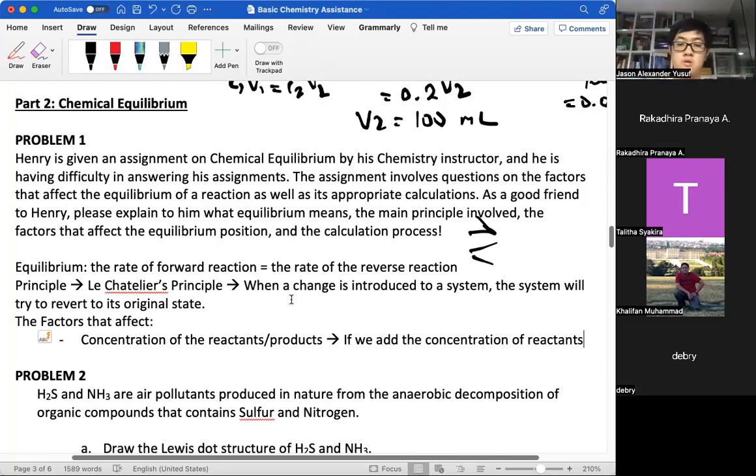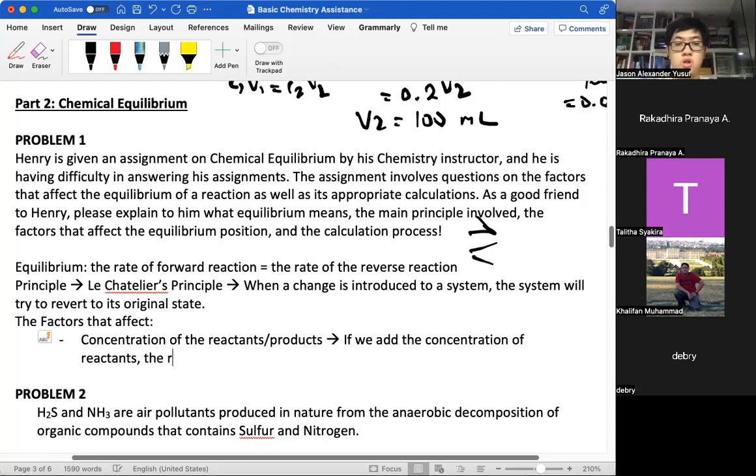So this reaction will shift to the product side. And vice versa occurs. Let's say if I take some of the reactants away, the product will dissociate to form the reactants again in order to increase the concentration of the reactants.